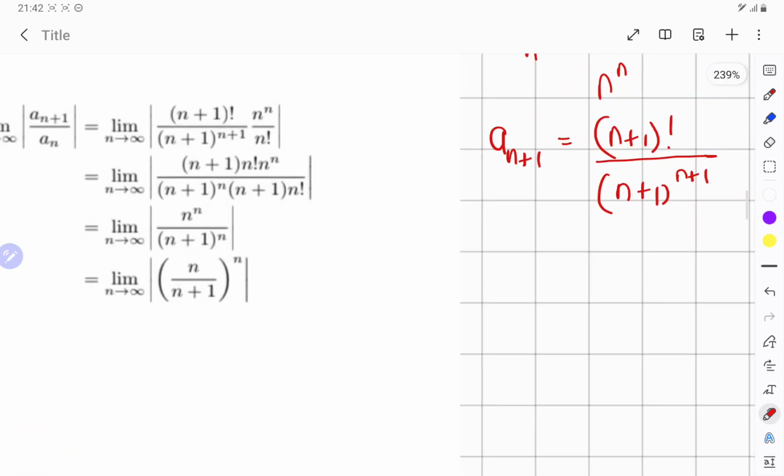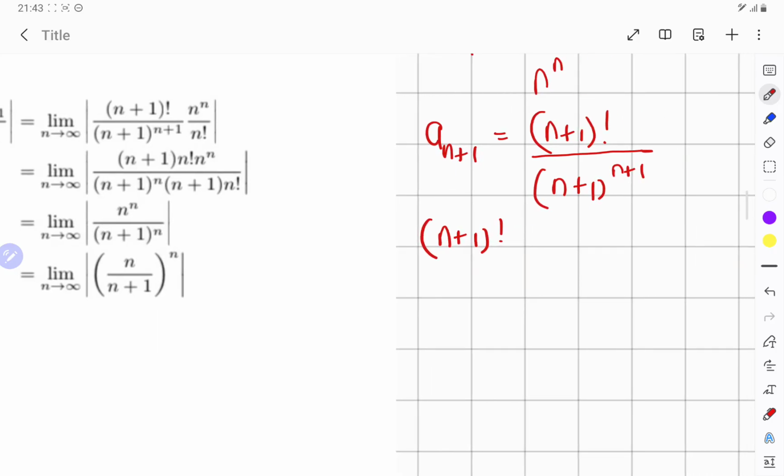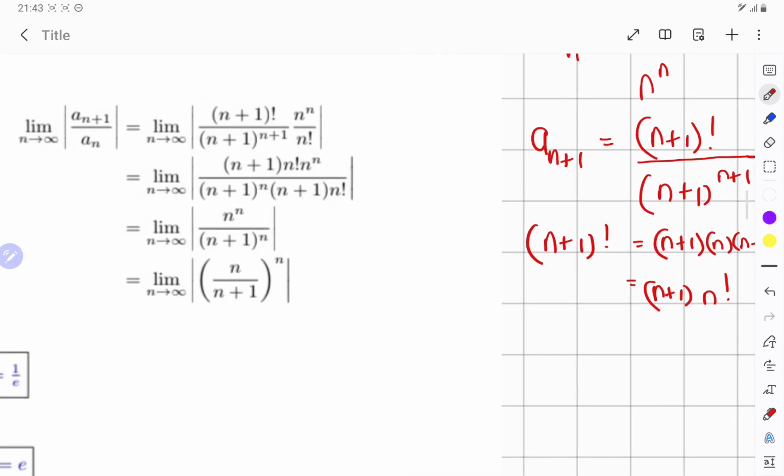Now in my next step, what I want you to remember, since we use factorials a lot in the ratio test, please just remember from first year, n plus 1 factorial is n plus 1 times n times n minus 1, and so on. Hence, n plus 1 factorial is n plus 1 times n factorial.